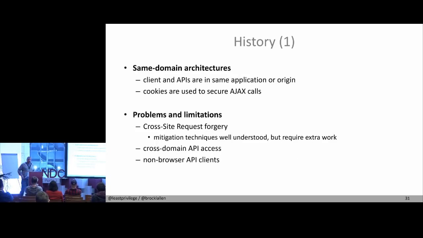So before OAuth, though, to look at a little bit of history of how we were securing web API calls from JavaScript, before OAuth, which is now 8 or 9 years old, the kind of application that you might have built that had JavaScript calling APIs was probably more like a server-side application, right? I think 10 or 15 years ago, I was doing ASP.NET, and it was a server-rendered application.